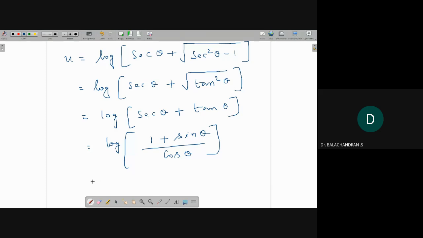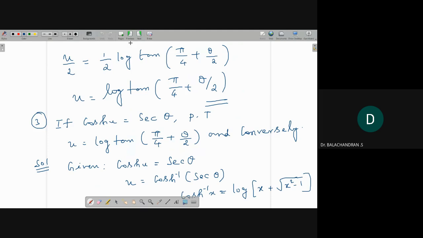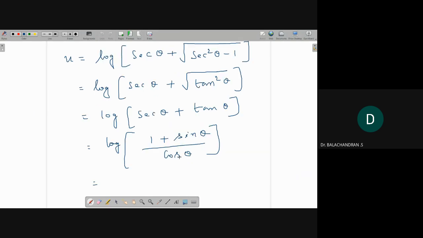Now look at the final answer. Log of tan pi by 4 plus theta by 2. So this is of the form tan of A plus B. So that's why I will write sine theta and cos theta in terms of tan.